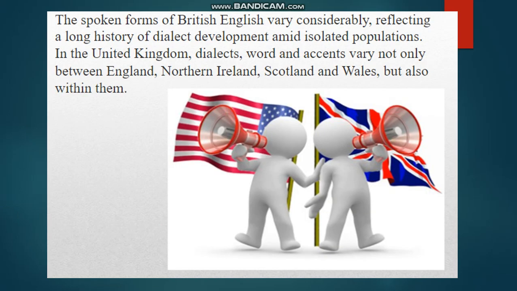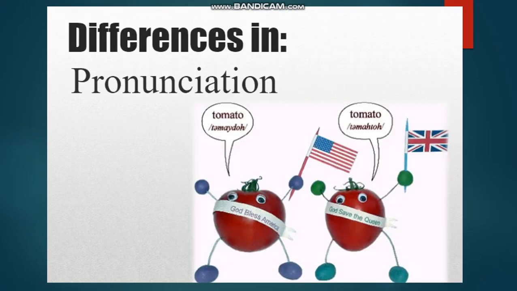The spoken forms of British English vary considerably, reflecting a long history of dialect development amid isolated populations. In the United Kingdom, dialects, words and accents vary not only between England, Northern England, Scotland, and Wales, but also within them.